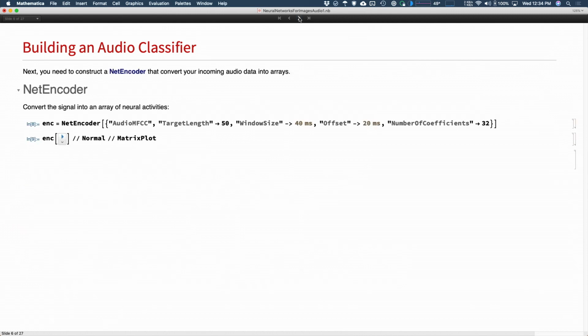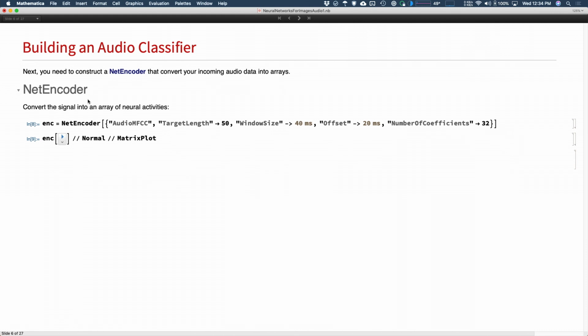Okay, so how do we inject audio into a neural network? Well, the Wolfram language provides the net encoders, which are wonderful things that convert more complex data structures into tensors of numbers, which is the format that neural networks are usually very happy with.